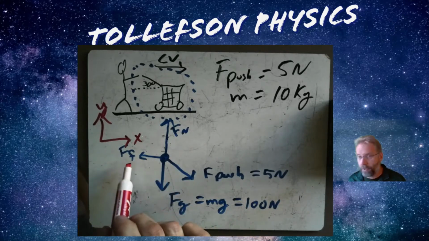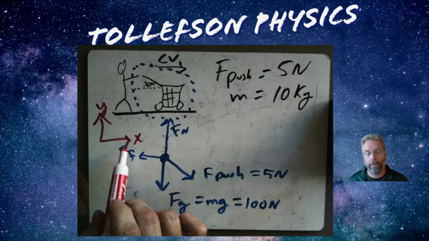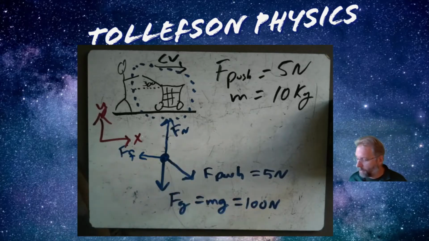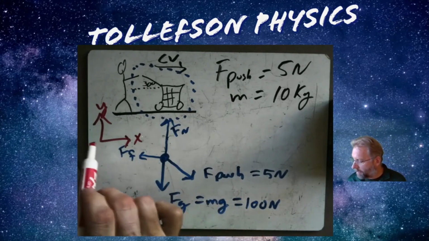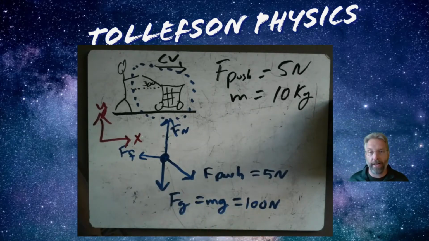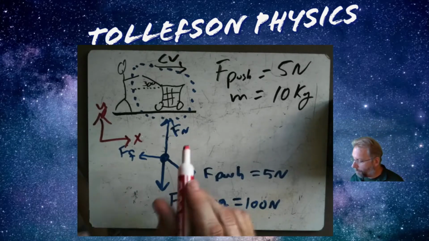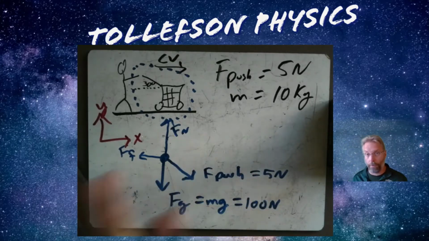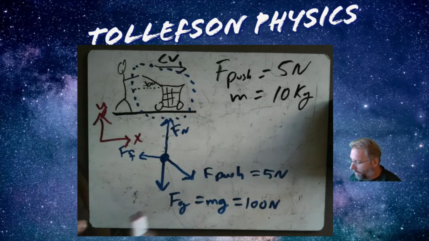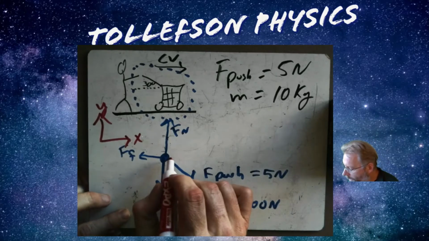And why do I do that? Well, the force due to friction is parallel to the x-axis. The normal force and the gravitational force are parallel to the y-axis. And the only thing that's not parallel to either axis is the push force. But what can I do? Well, I can break that up into two components that follow the x and y coordinate system. So what does that mean?